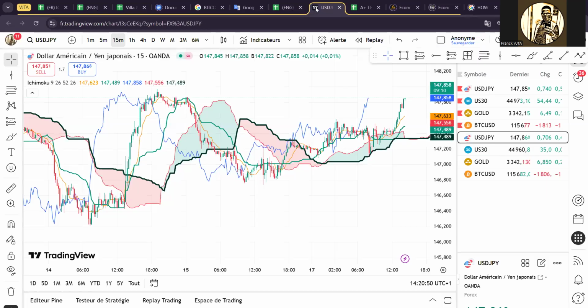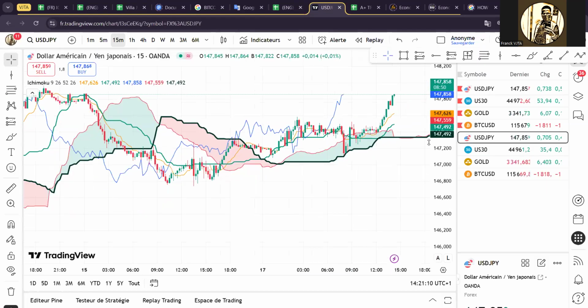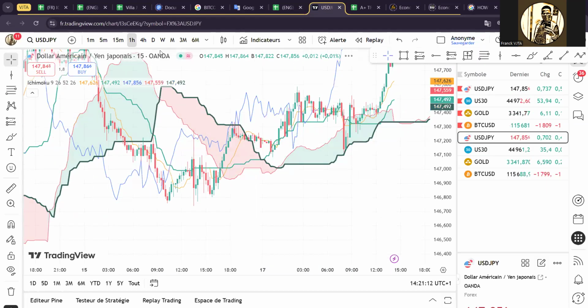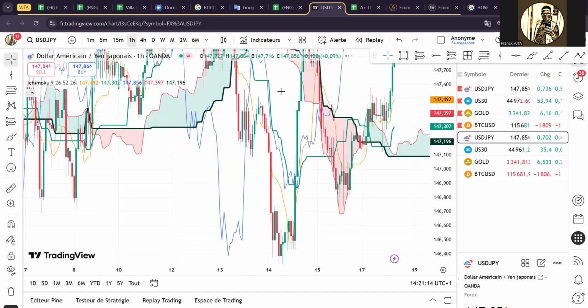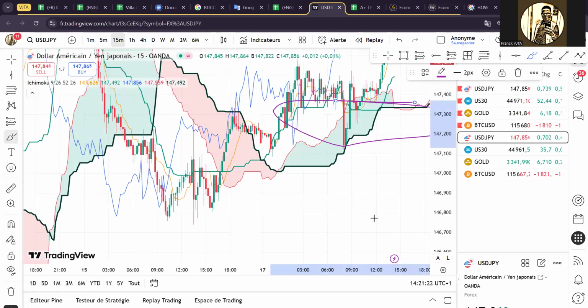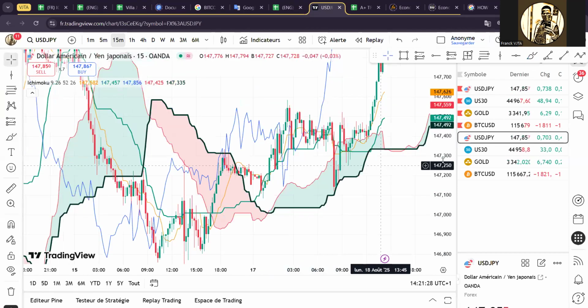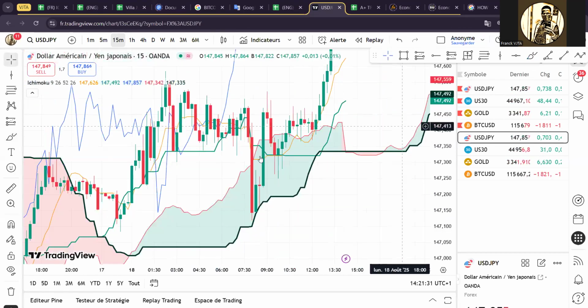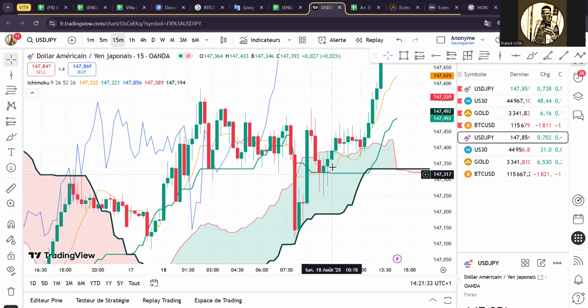And what I also want you to do is that when you see a TK cross in 1 hour, go on the first Tenkan touch, go on 15 minutes. Do what I just did to have more confidence to take an entry in 15 minutes. Because some people are afraid to take this entry. They don't know if it will continue or do the TK cross and then go down.